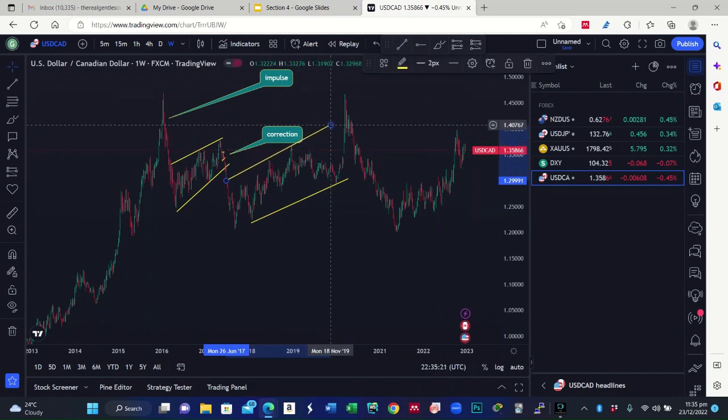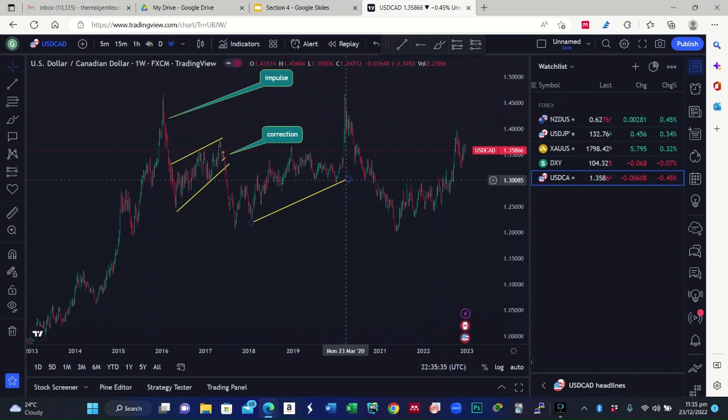Yes, this is another correction. Impulse, correction, then another impulse downward. So that is the state of the market. That is how the market moves. It is either in the state of impulse or in the state of correction. Like I've labeled here also, this is a strong impulse and then a strong correction.